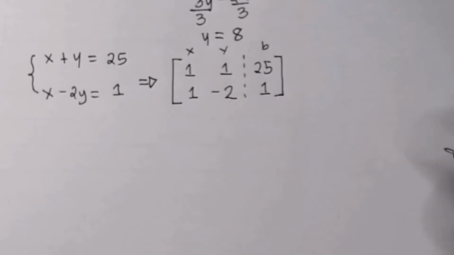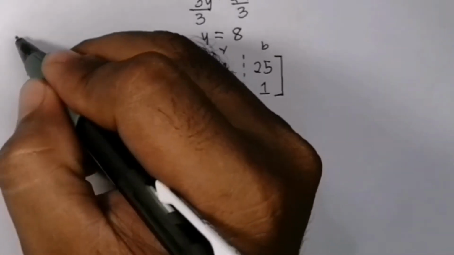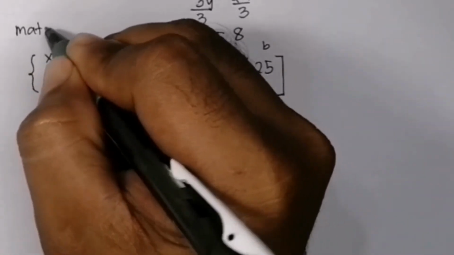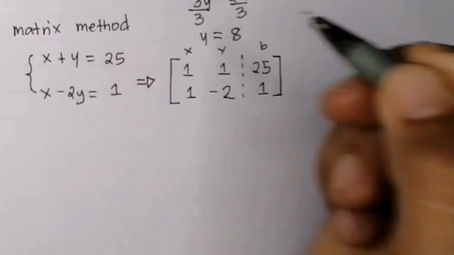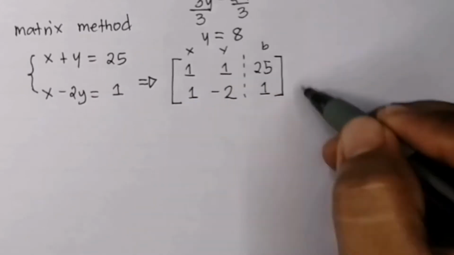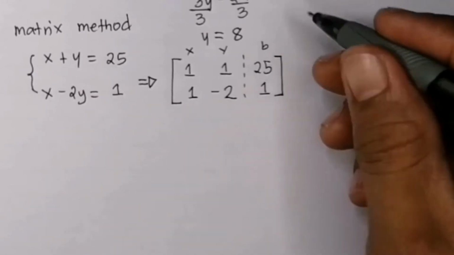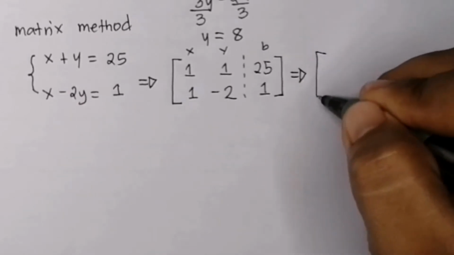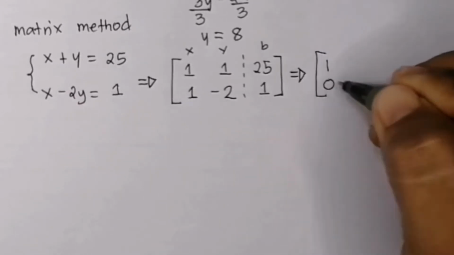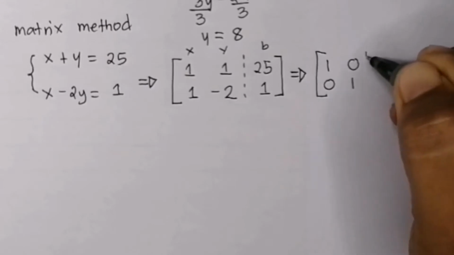So when we use the matrix method, we're going to make this augmented matrix into this form: 1 0, 0 1.